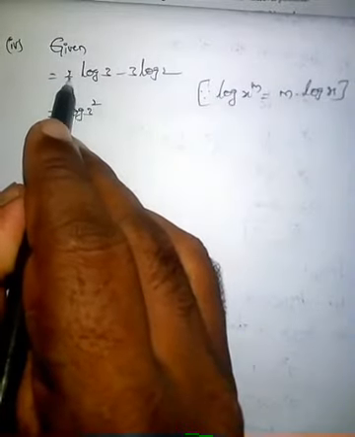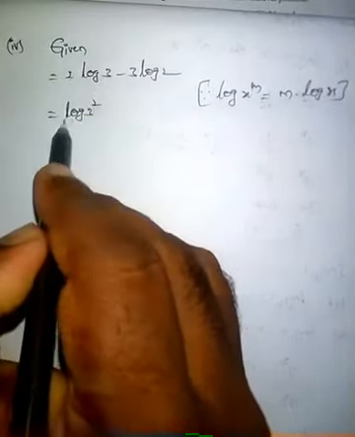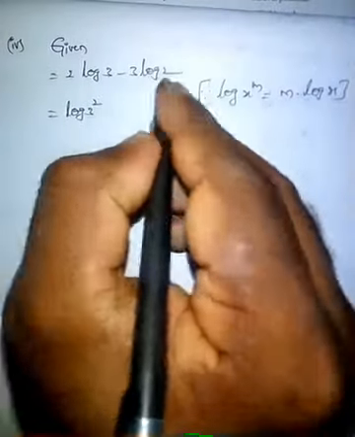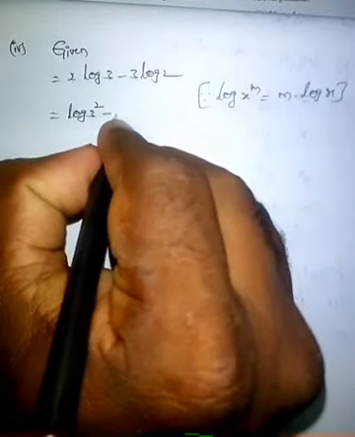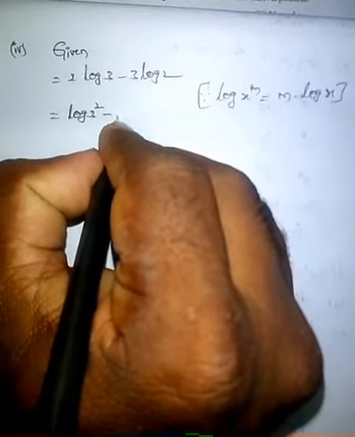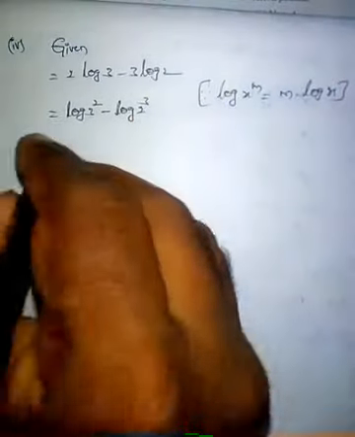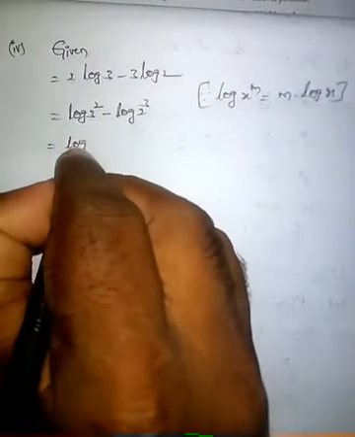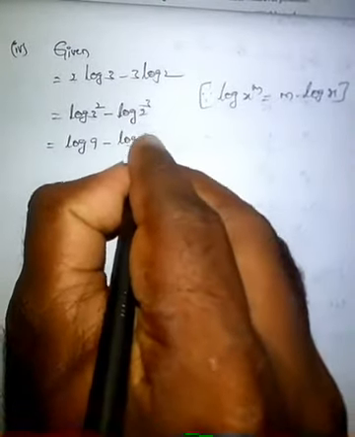Similarly 3 log 2 is also in the form of m into log x, so you can write log 2 cube. If you simplify this, 3 square means 9, minus log 2 cube means 8.